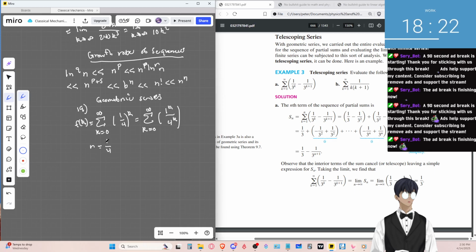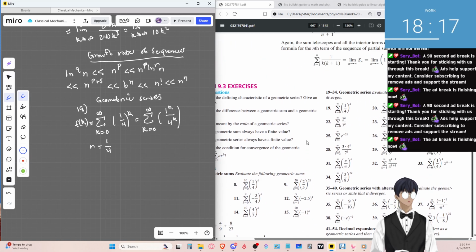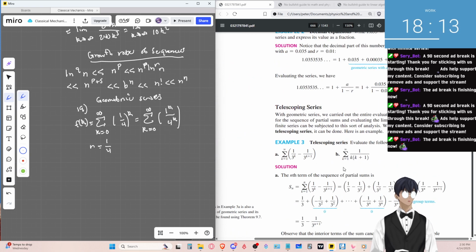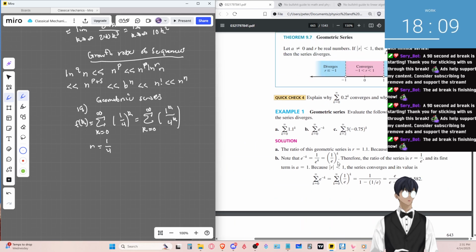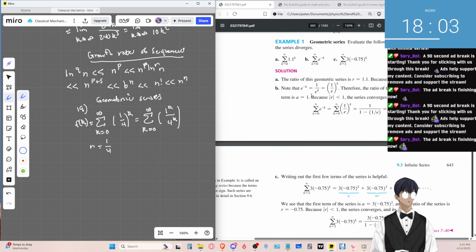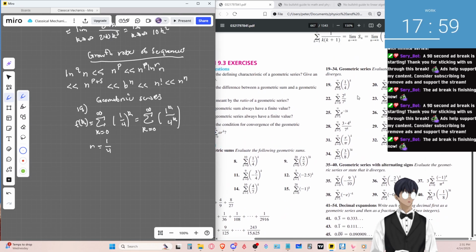So basically it passes because it's less than 1. Okay, so what does it say when it's greater than 1 for this test? So I guess you classify it as diverging when it's 1 or greater.